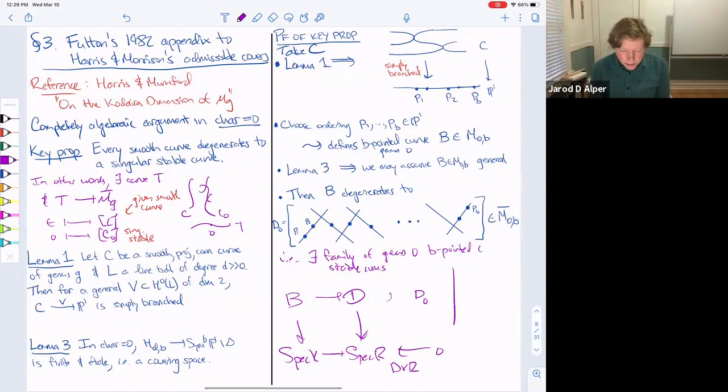This just looks like the degeneration of B distinct points on P1 to this particular stable curve.